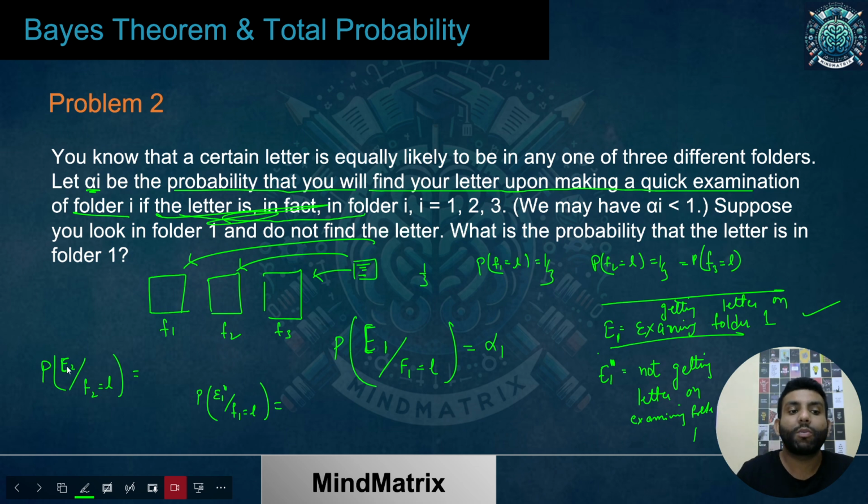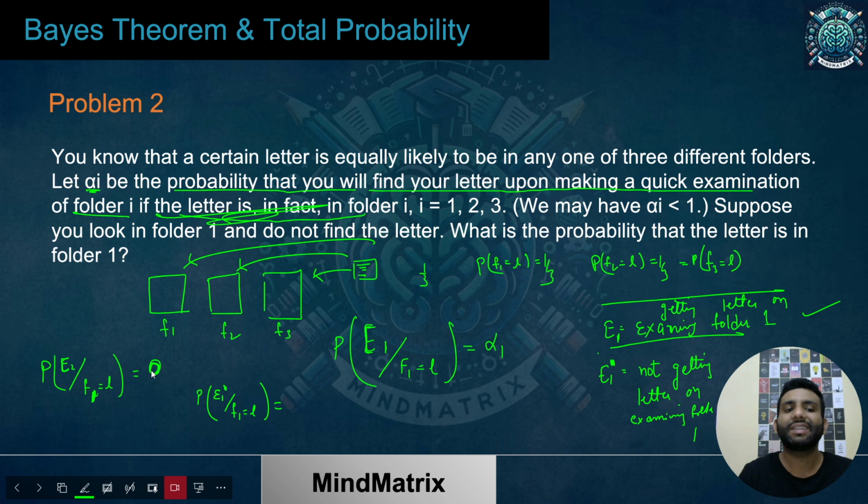Let me keep it F1 only. What is the probability of finding the letter on examining folder 2 when the letter was in folder 1? It is 0, because I'm definitely looking in the wrong folder.